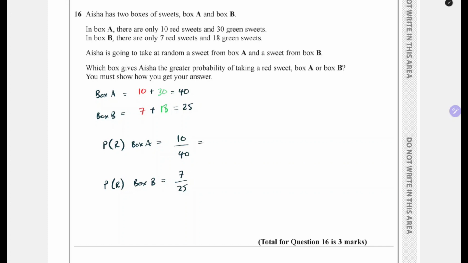Now 10/40 simplified is 1/4. And if we change both of them into decimals, we can see that 1/4 is 0.25 and 7/25 is 0.28. So the probability of getting a red sweet is greater in box B.